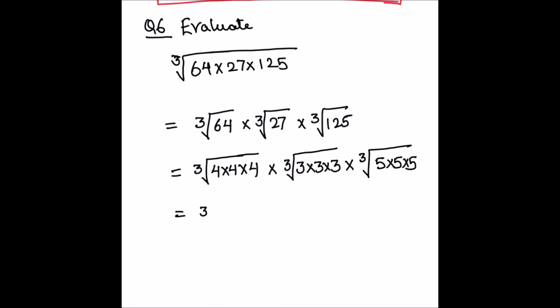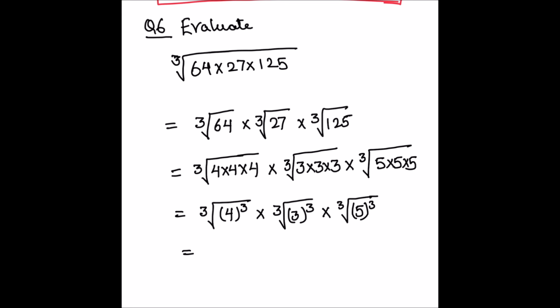So we can write it as cube root of 4 cube times cube root of 3 cube times cube root of 5 cube. And as all these numbers are cubes and they are under the cube root sign, all the numbers will come out of the cube root sign.